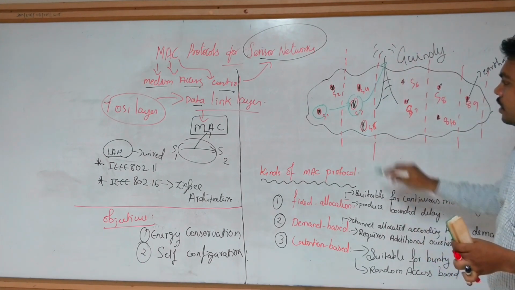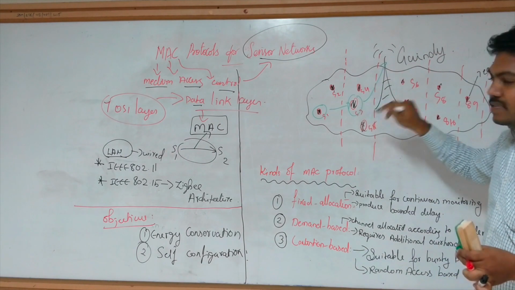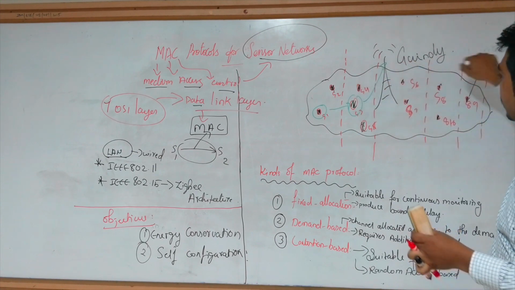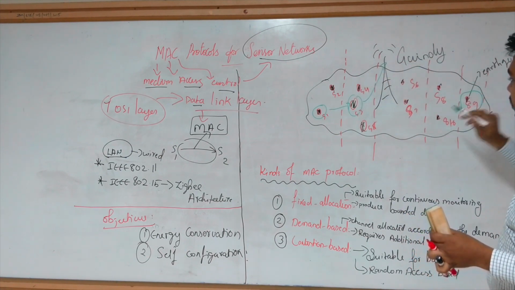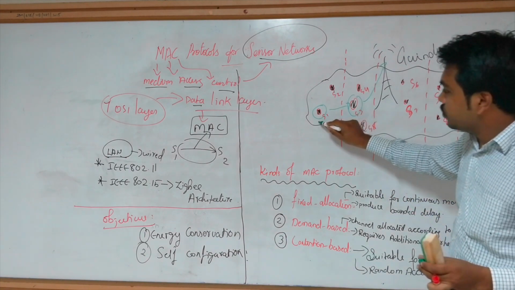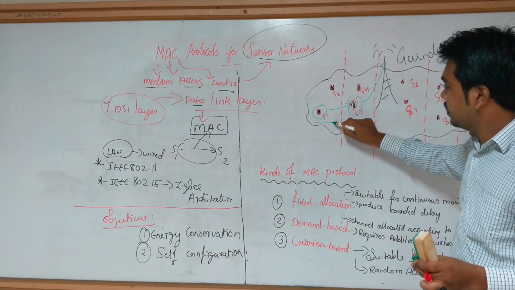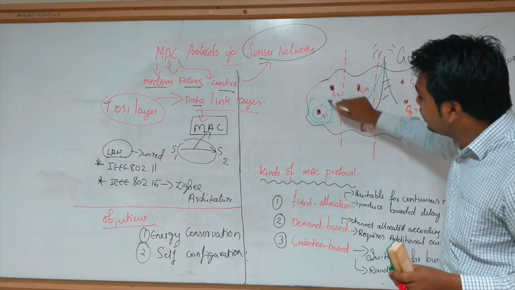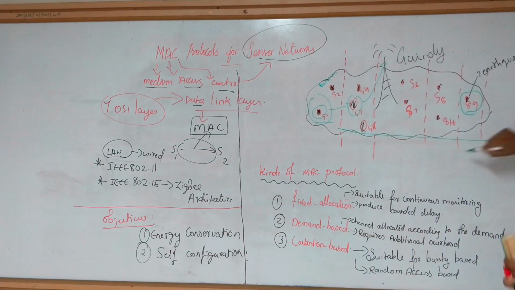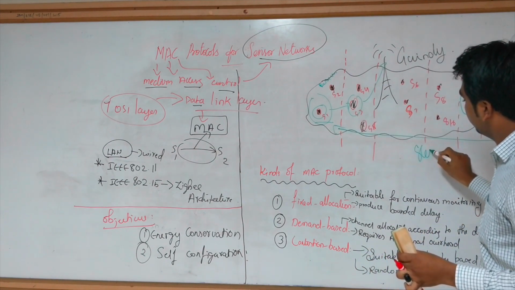When this kind of operation is happening, all 9 sensors would be in active state. But when using this MAC protocol, when S1 gets activated, this alone will be in active state, leaving all the other nodes in sleep.